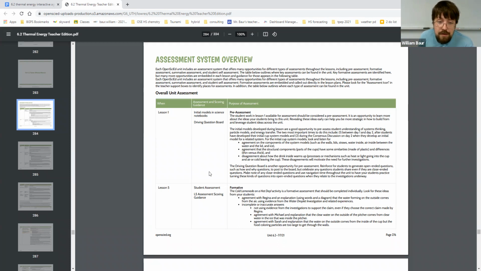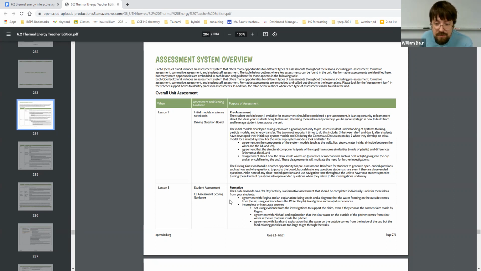So this document does an overview of where the major assessments occur. There's a pre-assessment, figuring out what the students know and what questions they have. The driving question board is your main pre-assessment in lesson 1.